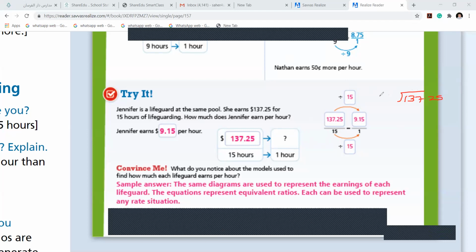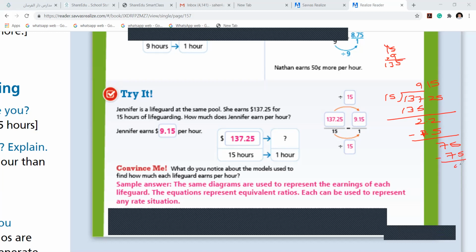137.25 divided by 15. 15 times 9, I get 135, and then 2. 15 times 1 is 15, and then I get 7. 15 times 5 is 75.